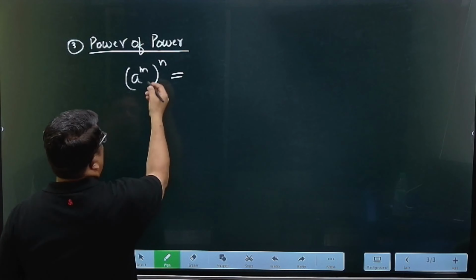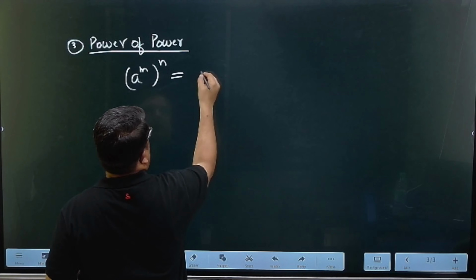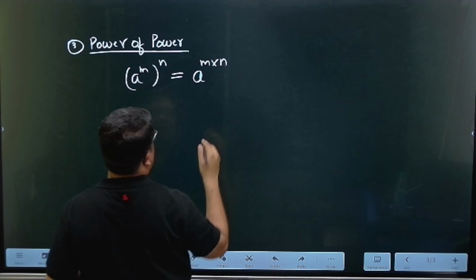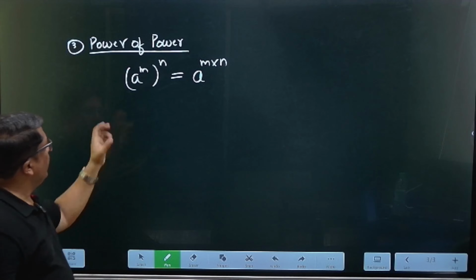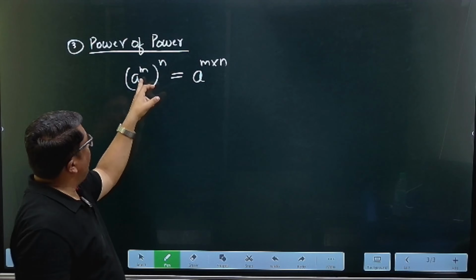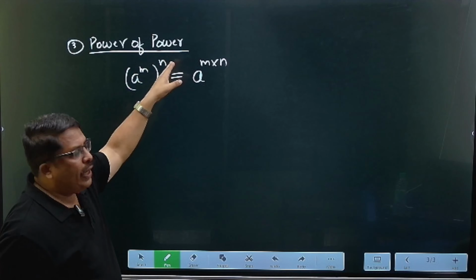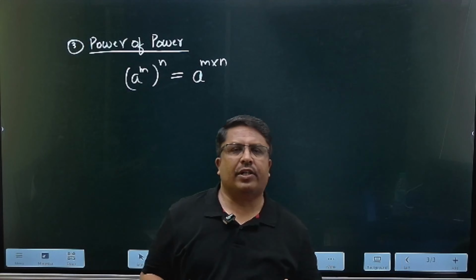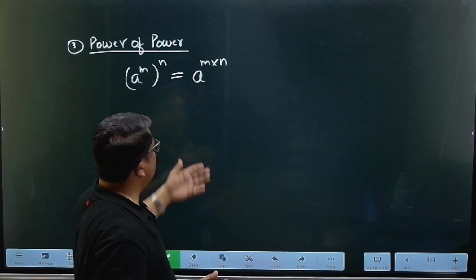So when we have the powers, then you have to multiply these powers. This is important. This term raised to the power of m, that is raised to another power n, then you have to find the product of the powers.